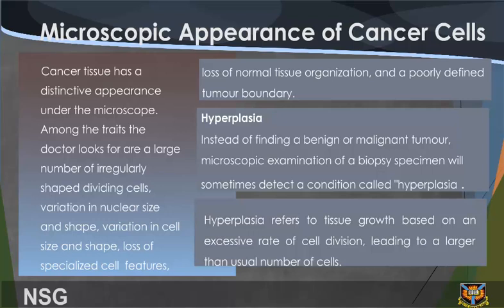Hyperplasia. Instead of finding a benign or malignant tumor, microscopic examination of a biopsy specimen will sometimes detect a condition called hyperplasia. Hyperplasia refers to tissue growth based on an excessive rate of cell division, leading to a larger than usual number of cells.